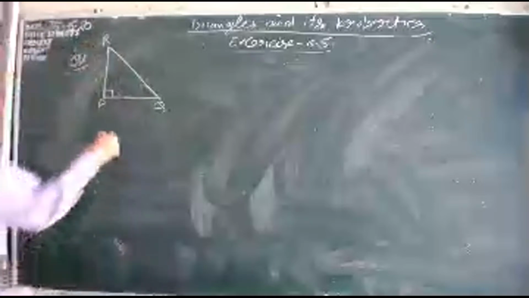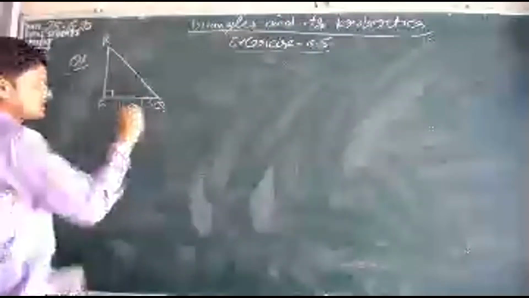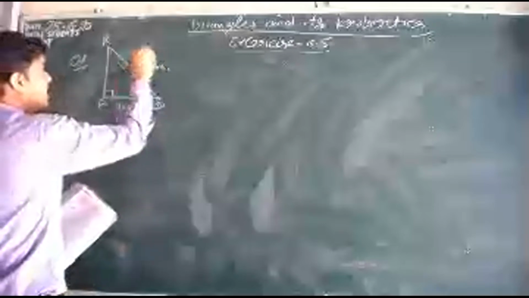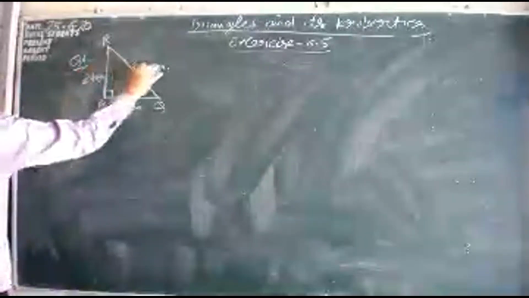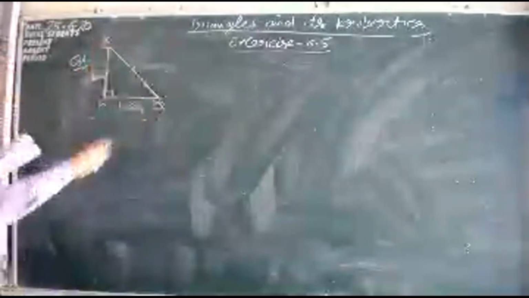And PQ is equal to 10 centimeter. PR is equal to 24 centimeter, and we have to find the length of QR.